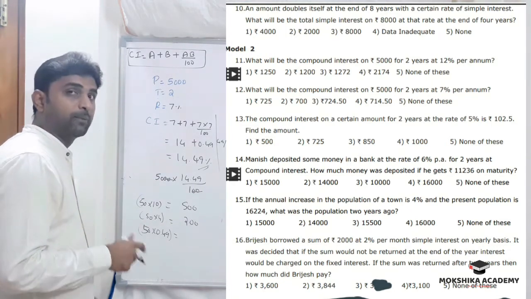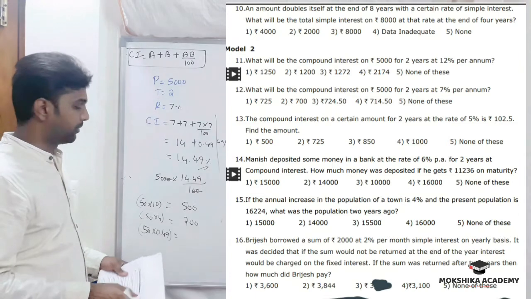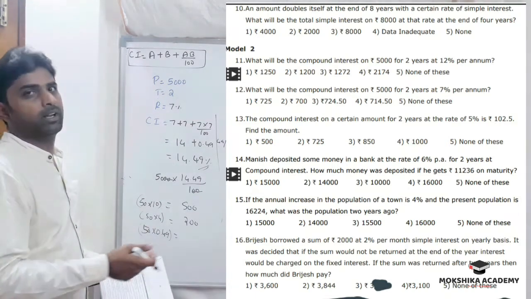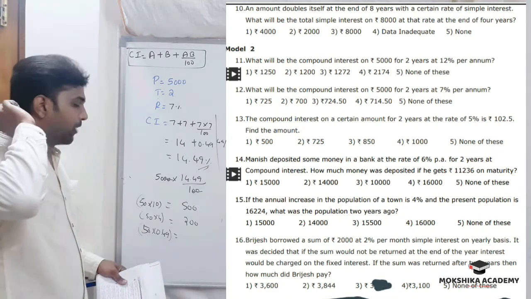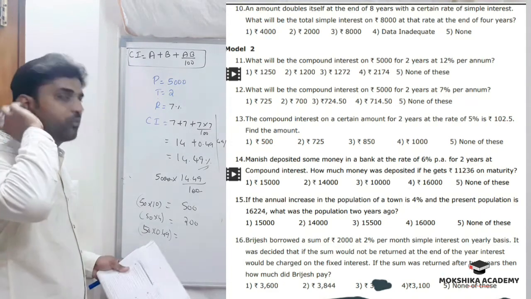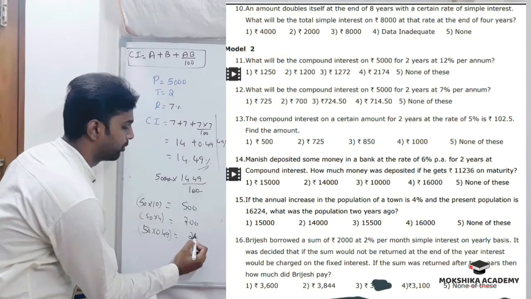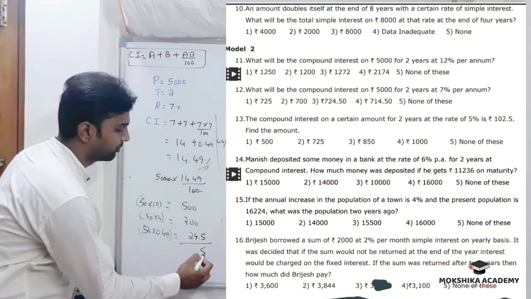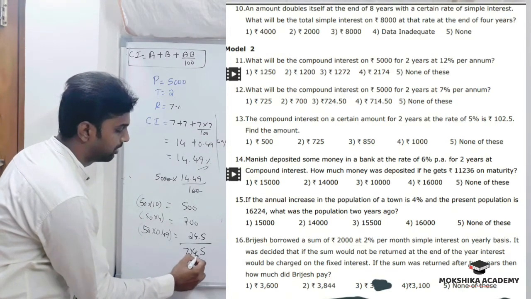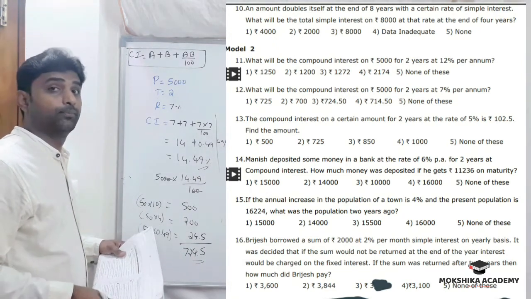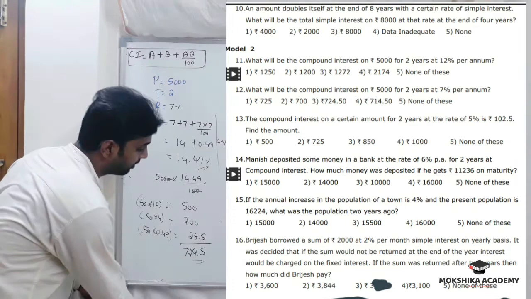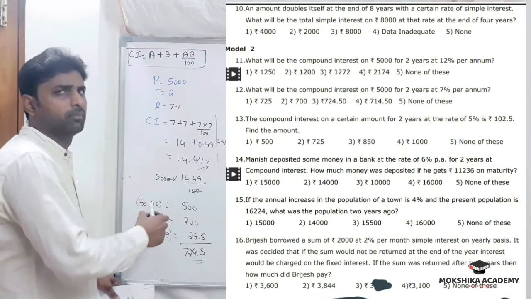What is 0.49%? 49 into 5, we can go that way also. What is half of 49? It is 24.5. So the final answer may come 724.5. That is the second option. Just split it and merge it.